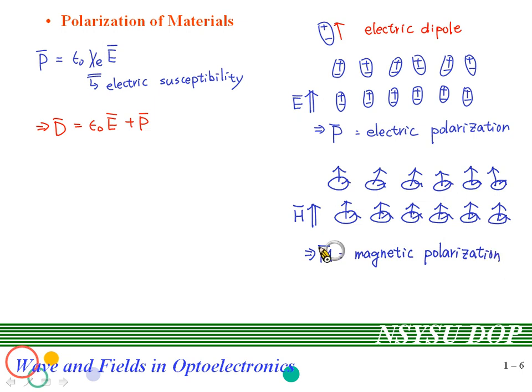Again, the magnetic polarization M should be proportional to H, so we write it as M equals chi M times H. This term, chi M, is the magnetic susceptibility.